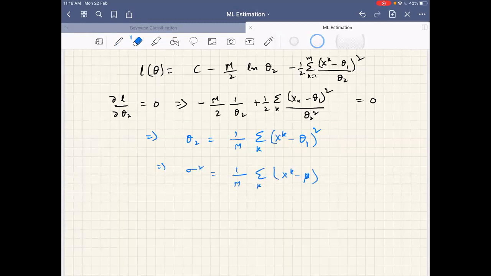Which mu is this? Mu itself is not there, so it is the sample mean, the estimated mean by ML.